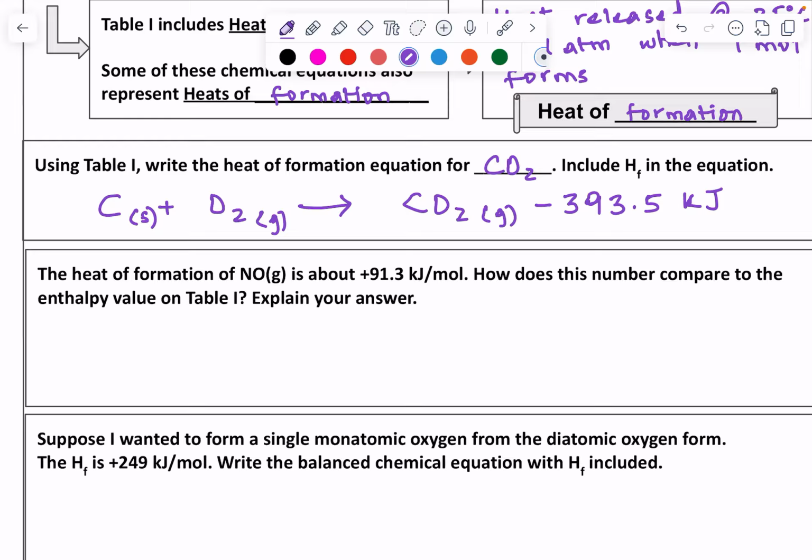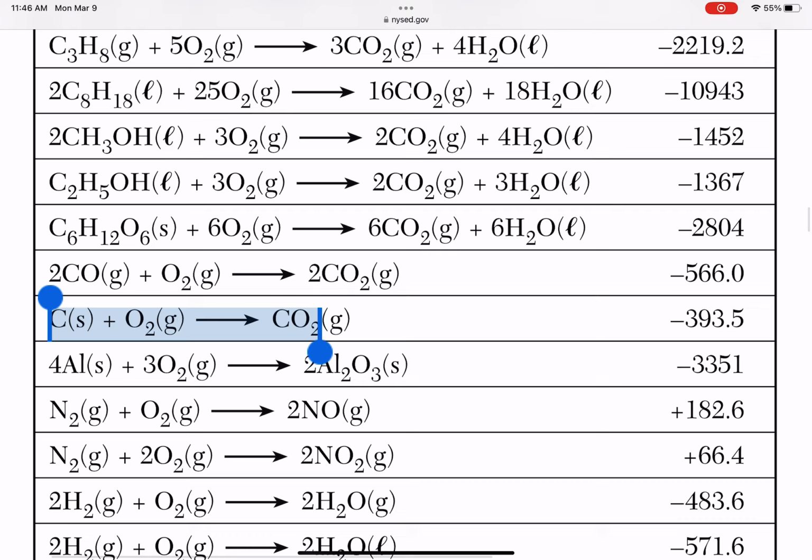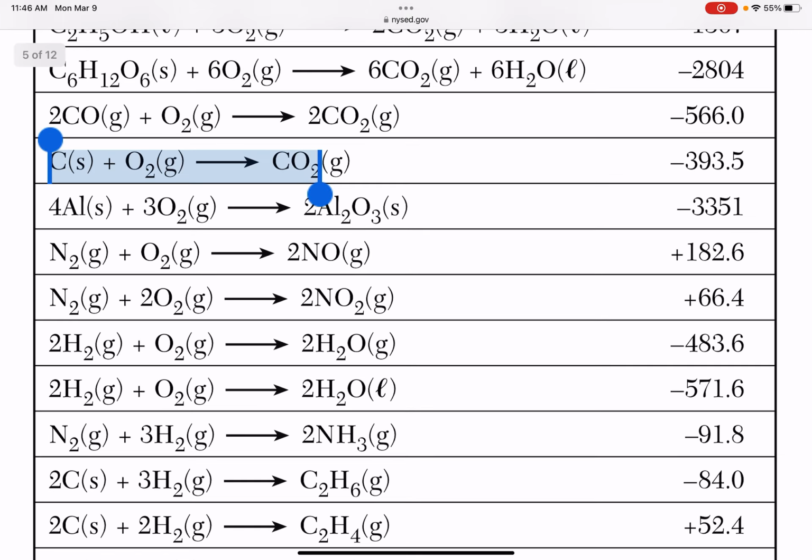Next question is saying the heat of formation for NO is about 91.3 kilojoules per mole. What is this number? How does this number compare to the enthalpy value that is given on table I? So let's see. In table I, NO is right here. I have 2 moles of NO that are forming, and the energy is 182.6.